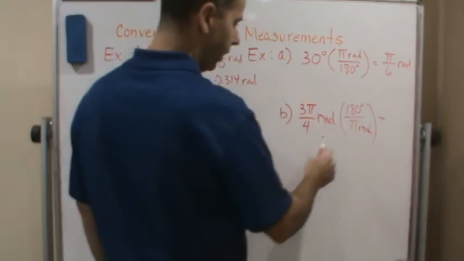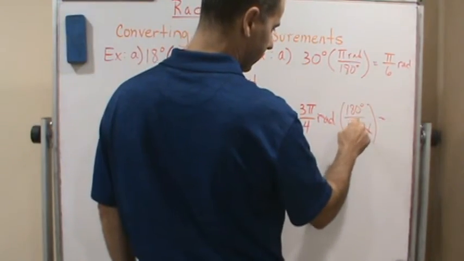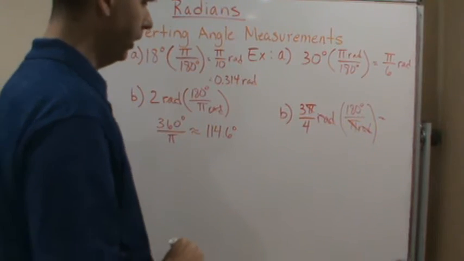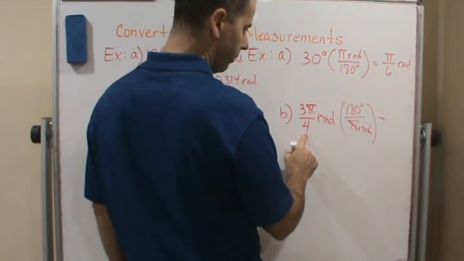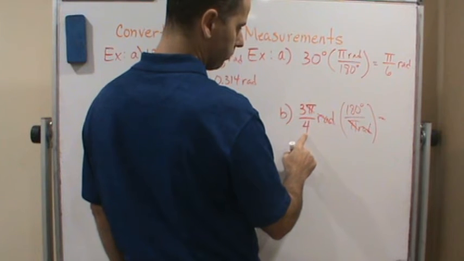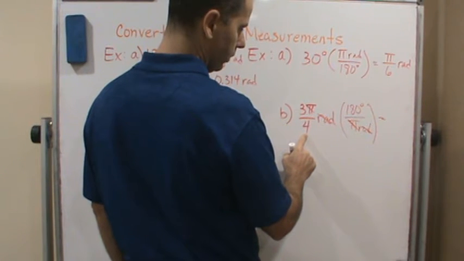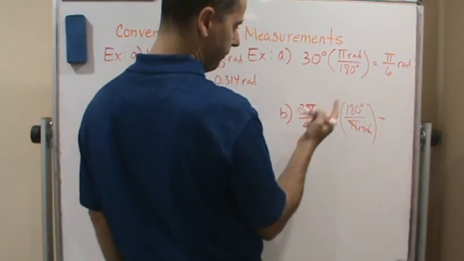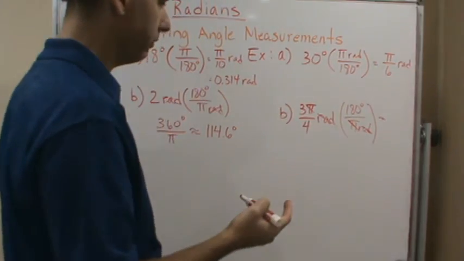And in this case here, what do we end up with? Well, pi cancels with pi. Okay, let's see. So 180 divided by 4 is 45.